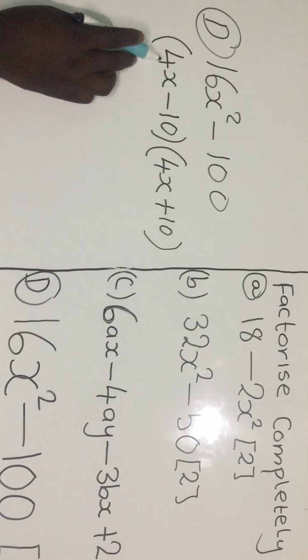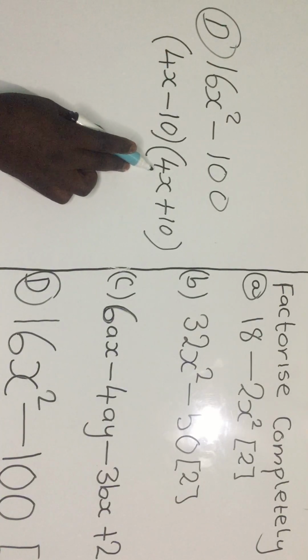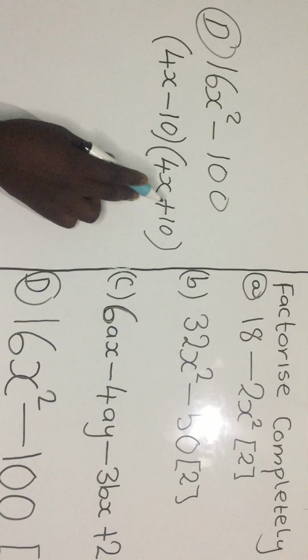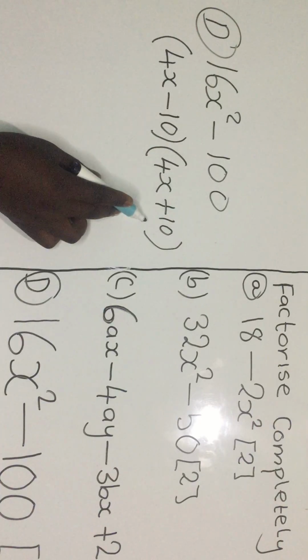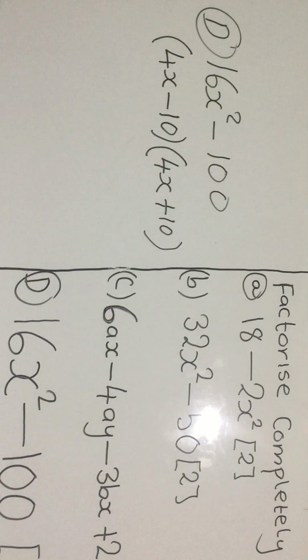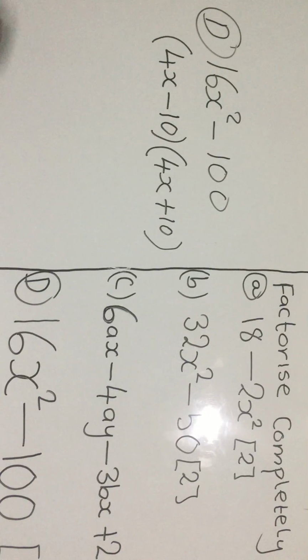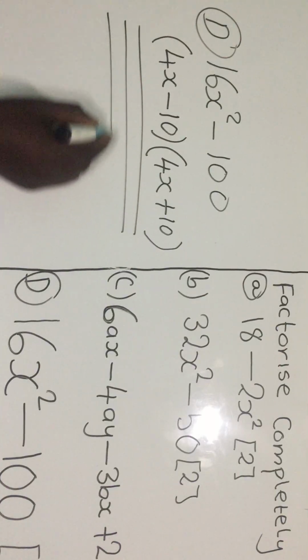So that when you say 4x times 4x, you get 16x squared. Negative times positive, you get back the equation. 10 times 10, you get 100. Factorization has to give you back the equation the way it was. So here you end without wasting your energy and your time.